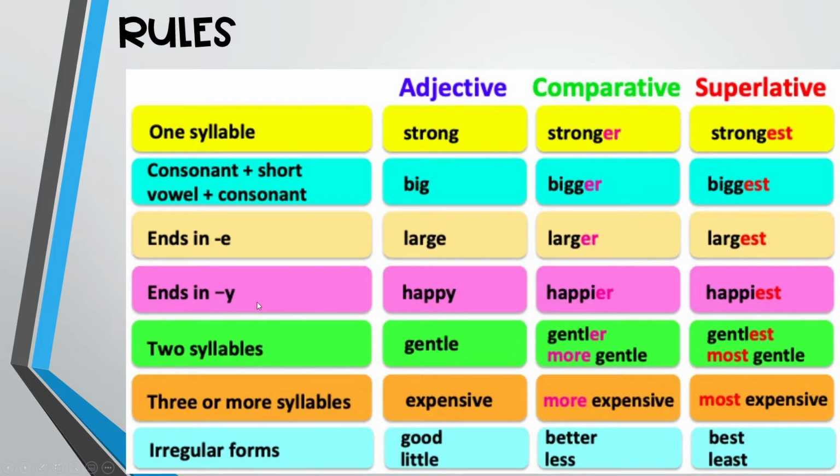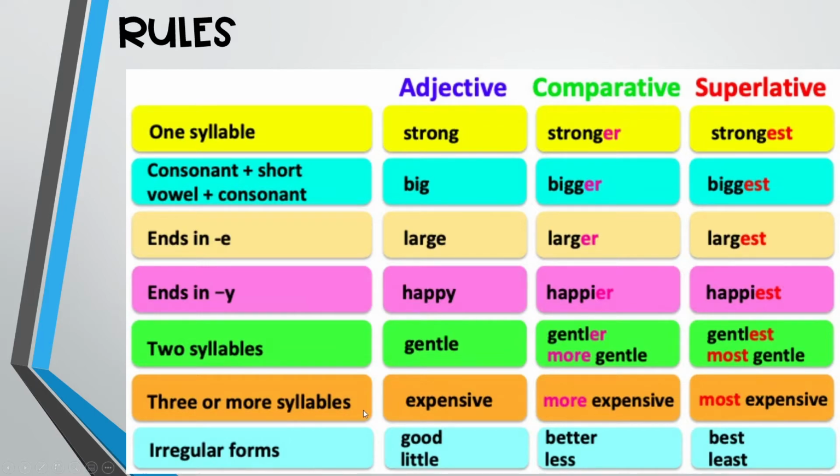Words that end with Y, you have to change the Y into I and then add ER or EST. 2 syllables, gentle. Kalau tadi 1 syllable, strong, satu sahaja. 2 syllables, gentle. Okay, so you have to use ER, gentler. Kita ada E di belakang, kita tambah R sahaja, ataupun more gentle ataupun most gentle.